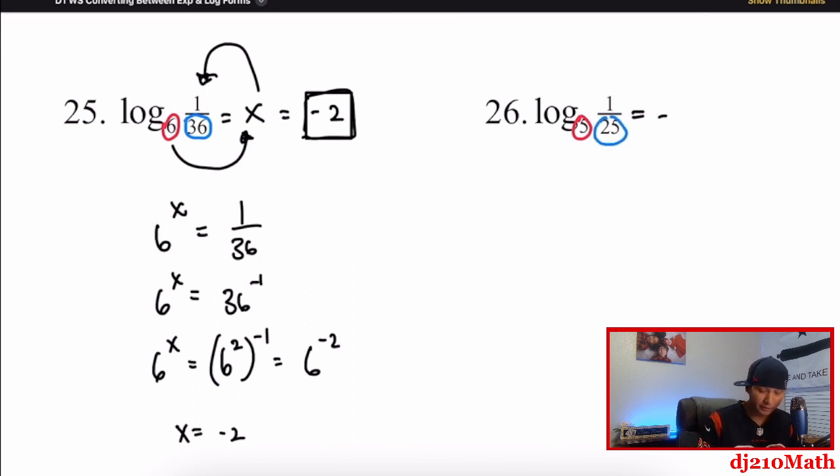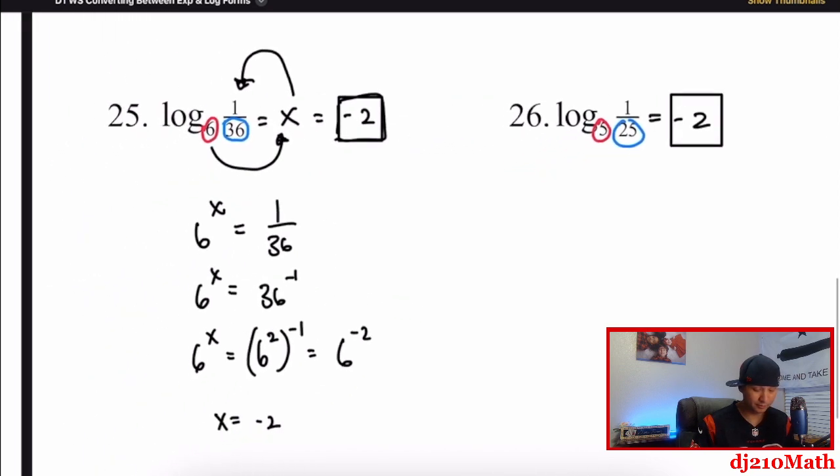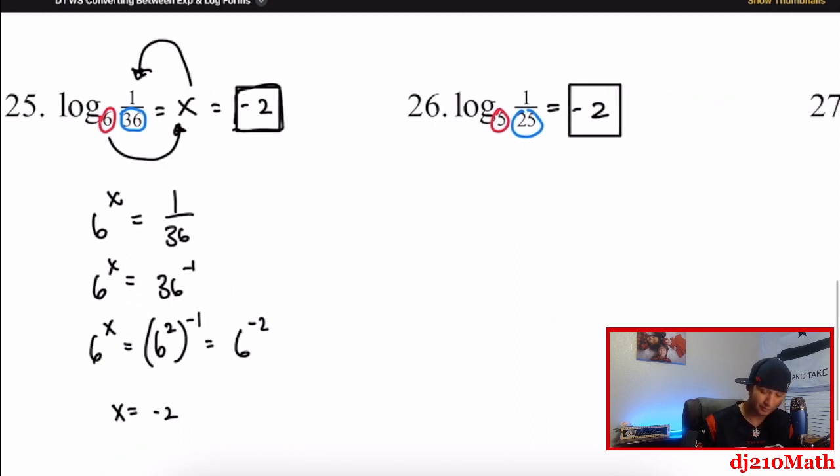So this is going to be -2 as well, for the exact same reason. Except wherever there's a 6, you put 5. Where there's a 36, you put 25. Right, this is the heart of a mathematician right here. If I have a problem that looks like another problem that I know the answer to, then I can solve it quickly.